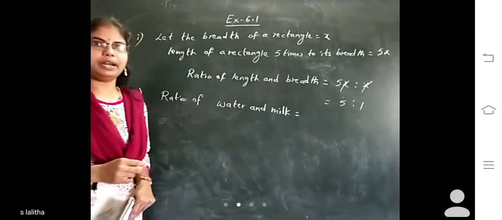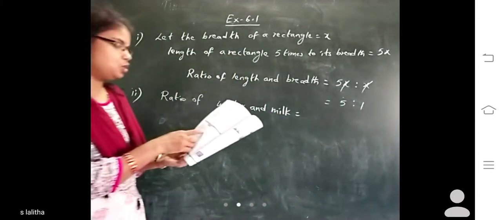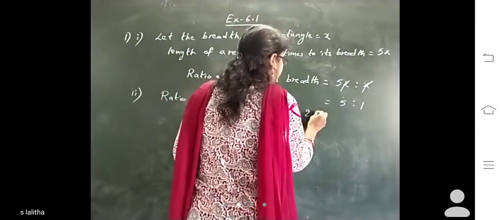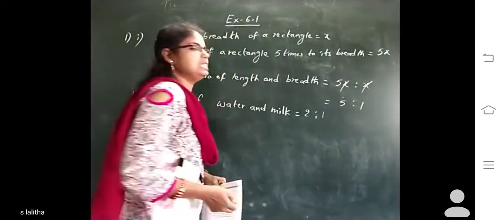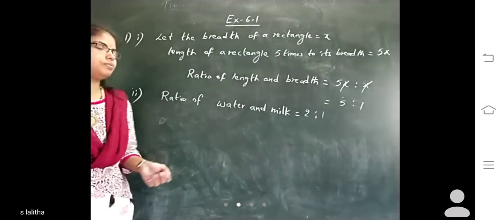Ratio of water and milk. Water how many cups? 2 cups, is to milk. Milk how many cups? 1. So 2 is to 1 is the answer.